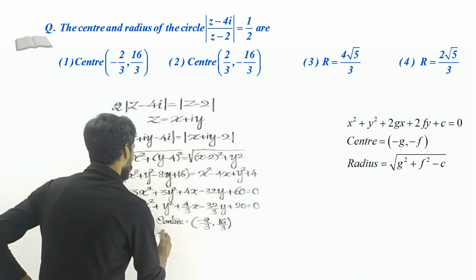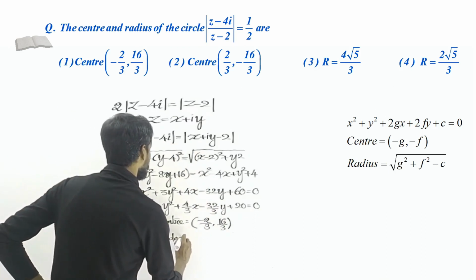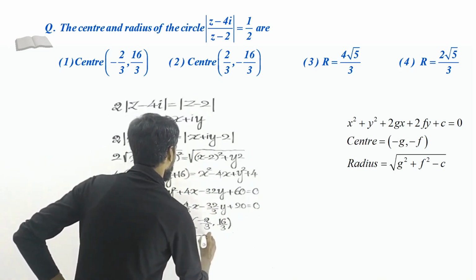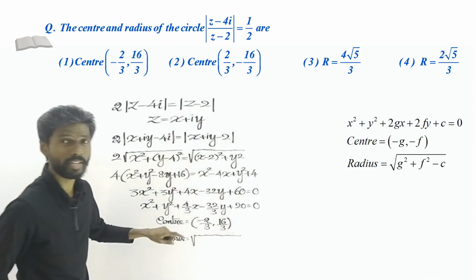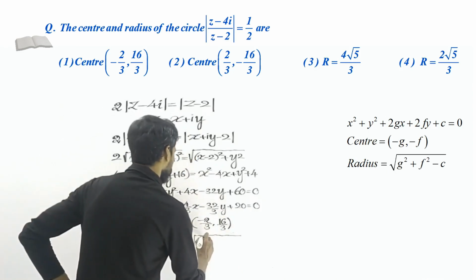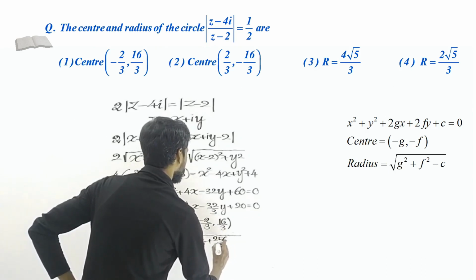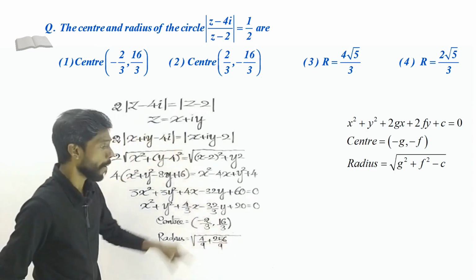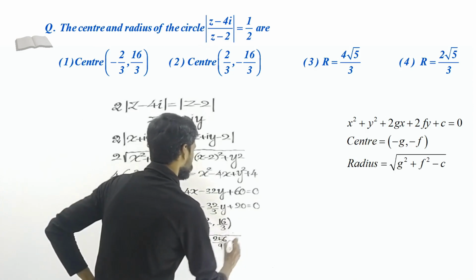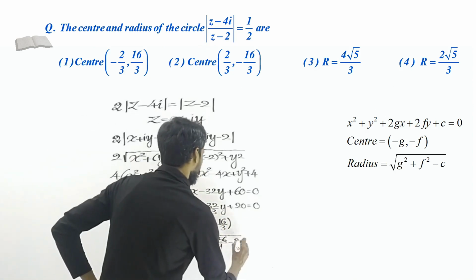Now radius has the formula. So the radius is square root of g square plus f square minus c, which means the square of this, that is 4 by 9, and this is 256 divided by 9, minus c. C is 20, minus 20.